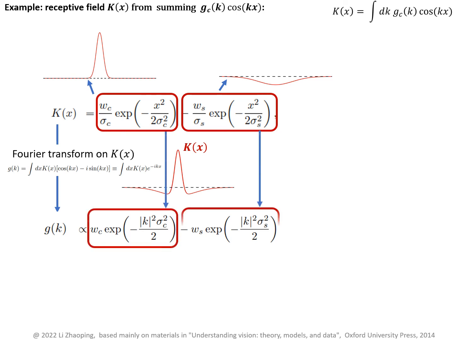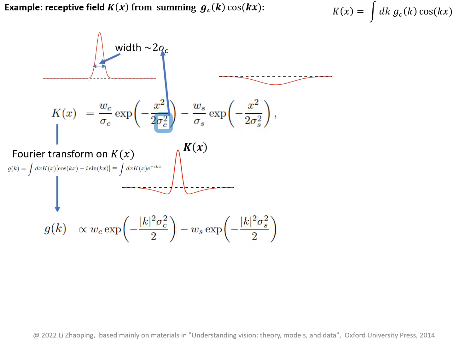Each Gaussian in frequency k comes from one of the original 2 Gaussians in space x. This is because Fourier transform of a Gaussian function is still a Gaussian function. The original Gaussians are Gaussian functions of spatial location x, and the transformed Gaussians are Gaussian functions of frequency k.